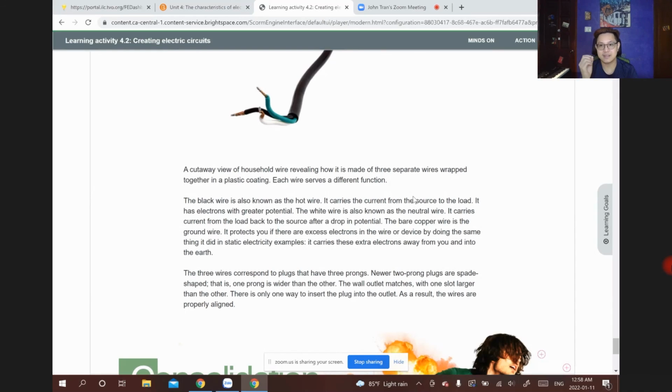So it leads the excess electrons back into the earth. It carries extra electrons away from you and into the earth, so it helps save people or devices in case of static electricity.